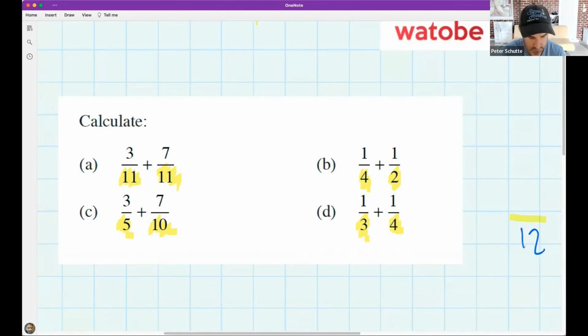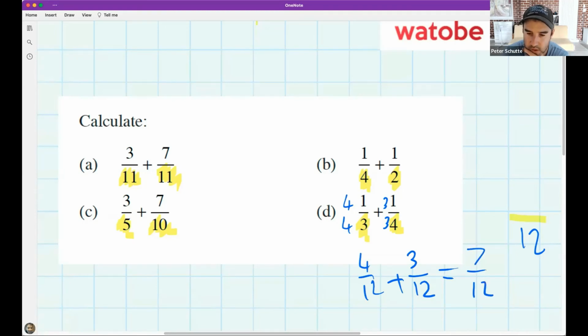So I do the same on top and I say 4 times 1 is 4. So it's 4 over 12 plus 4 times 3 is 12. Then I do the same on top. Then I say 3 times 1 is 3. And then I say 4 times 3 is 7 over 12.